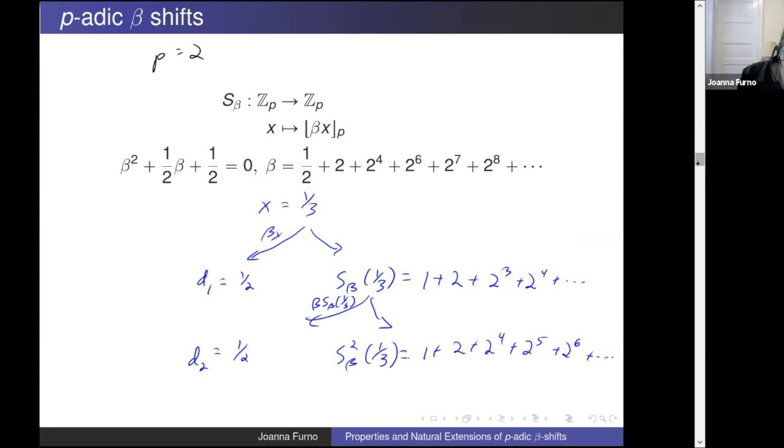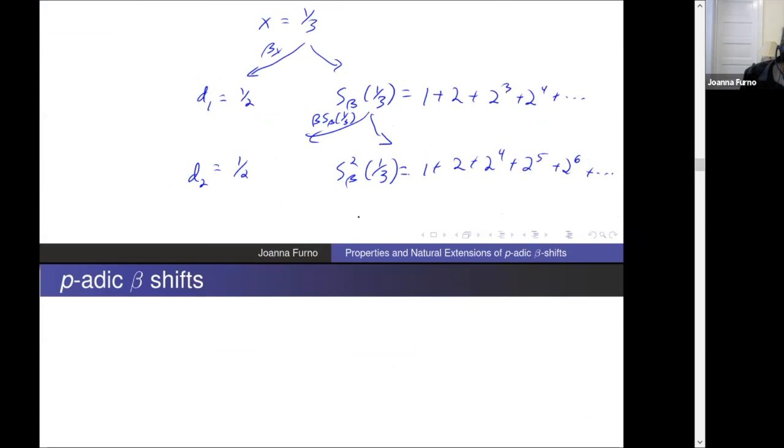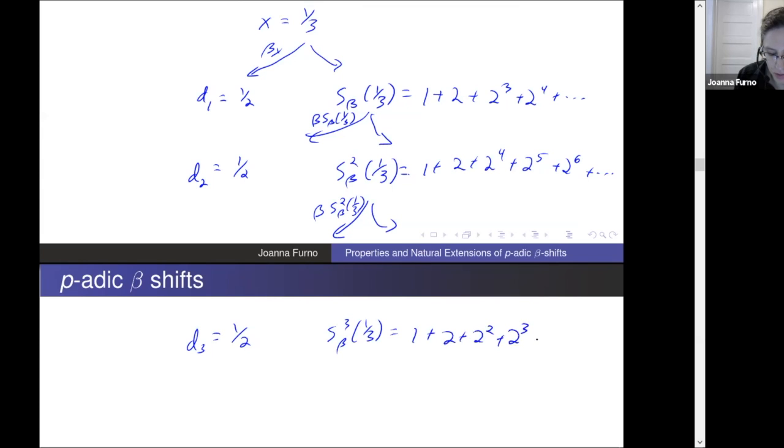And again, if we multiply that by beta, it splits into our digit, which is a half, and our next iterate, which is 1 plus 2 squared plus 2 to the third plus a lot of zeros before it picks up a few more digits, and so on.